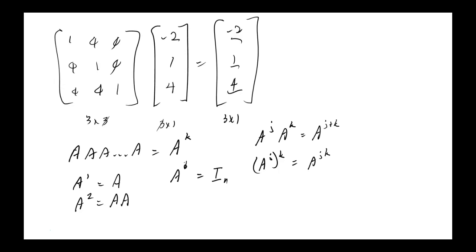Okay. Now, they say here, and I think this is absolutely true, for J and K non-negative integers. Now remember in real numbers, we did this too, but then we let J and K be negative numbers, fraction numbers, whatever. Still works. Not here, okay?